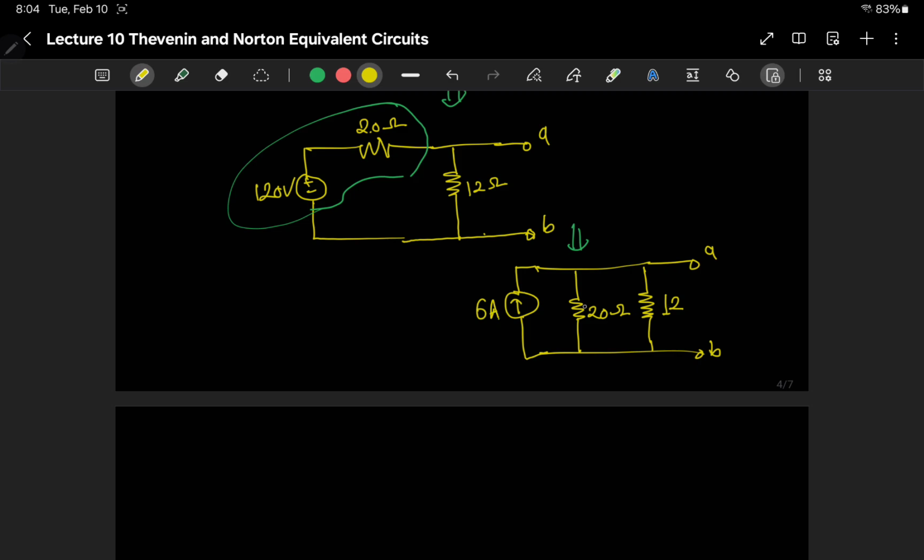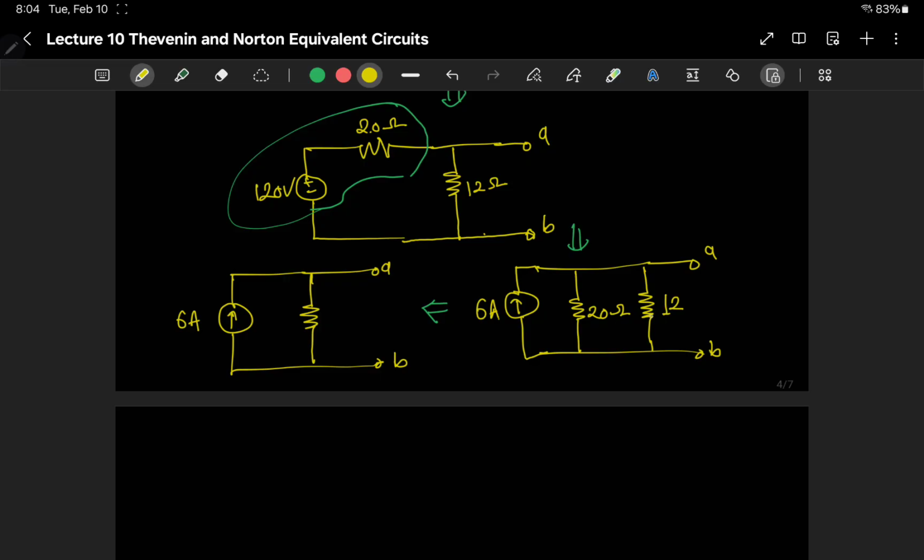And now we have 2 resistance in parallel and 1 current source, so this can be reduced to something like this: A, B, and this is 6 ampere, and we'll get single resistance here, which is the parallel combination of these 2 resistances, 12 and 20.